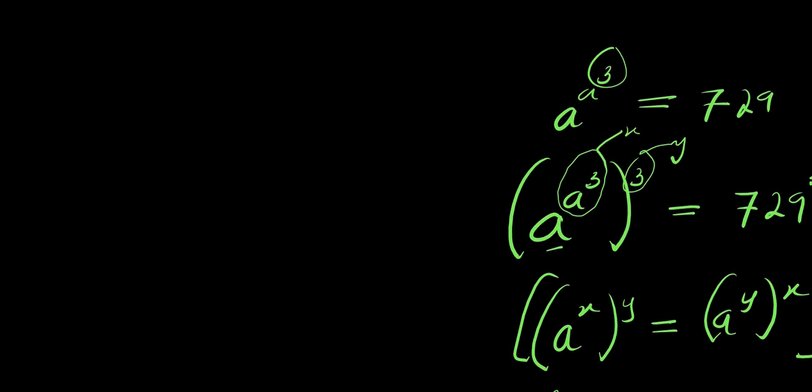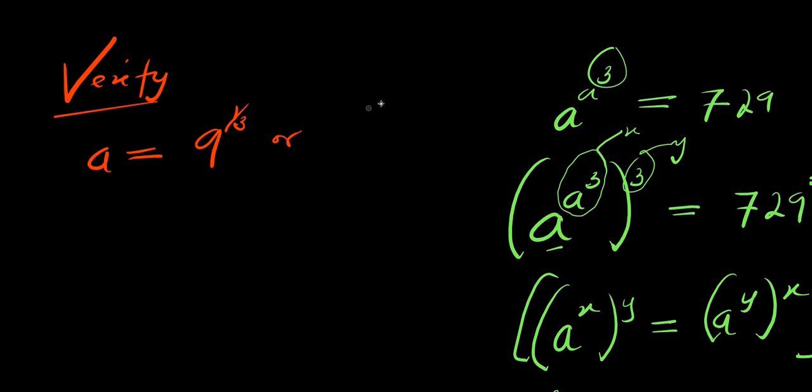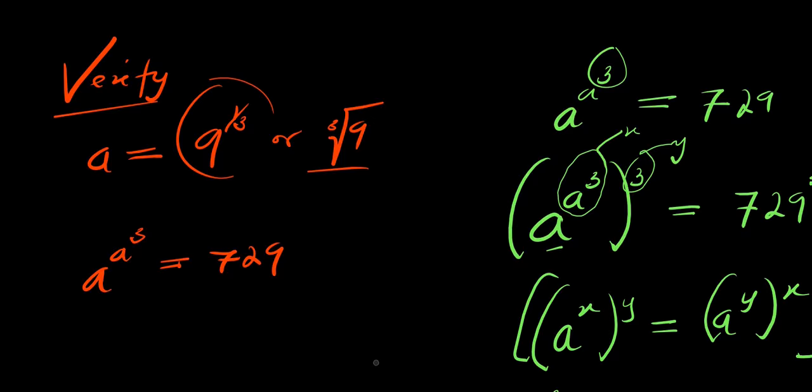Now, we can decide to verify the answer. We have our a is 9 power 1 over 3, or the cube root of 9. And the question remains a power 3 equals 729. So let's substitute this for a.